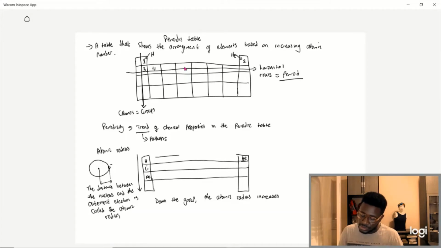But across the period, the atomic radius decreases.